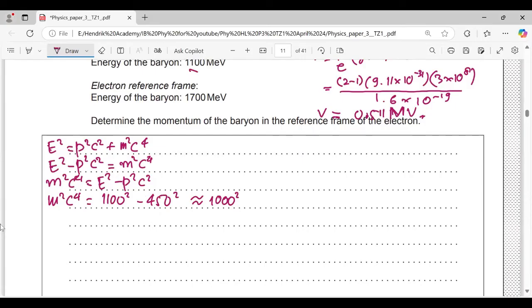Now we're going to determine the momentum of the baryon through this formula: P squared C squared equals E squared minus M squared C to the power 4. So P squared equals E squared minus M squared C to the power 4 over C squared.